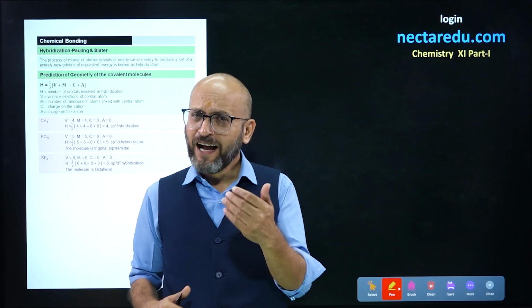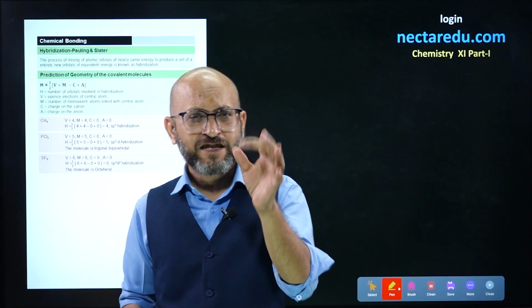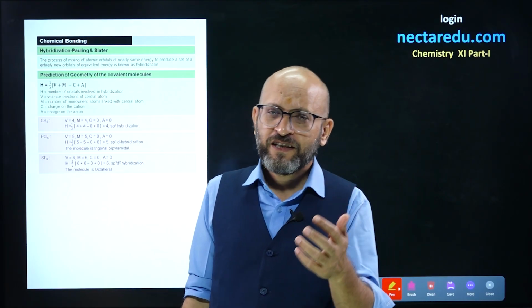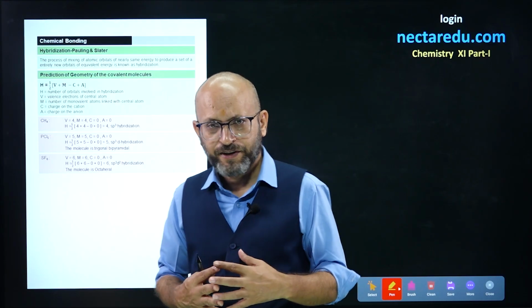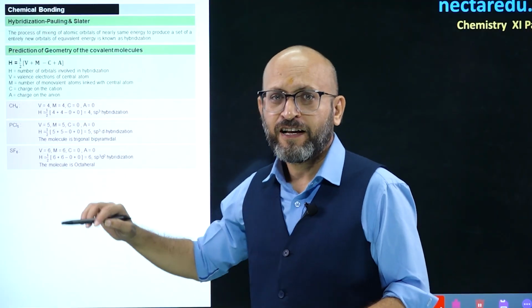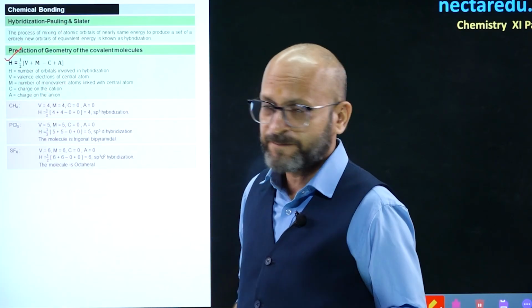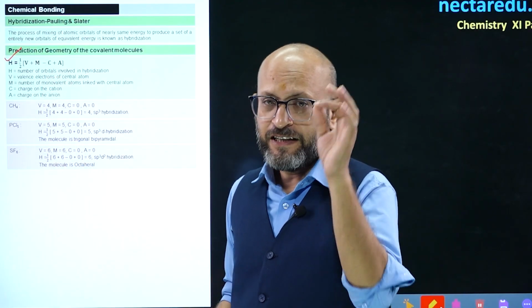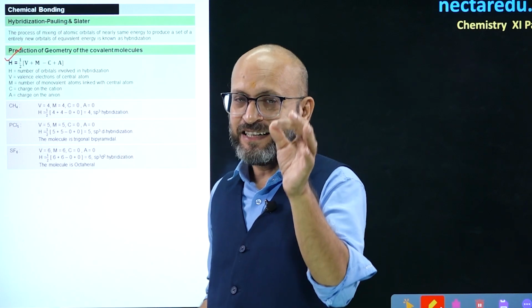So how will you find out which central atom has sp, sp2, or sp3 orbitals after hybridization? We have a formula for that, which we are going to discuss over here. Check out this formula where the number of hybridized orbitals is represented by H. H equals half of V plus M minus C plus A. I will explain each and every term.